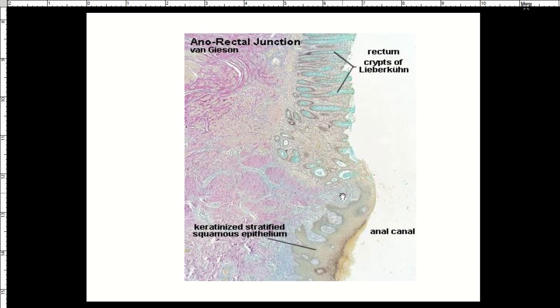So you now actually see the demarcation. So this is going to be your pectinate line, that is your transition zone. This is your upper half, your lower half. You can actually see this was a simple columnar epithelia, right? And now we have stratified squamous epithelia, keratinized stratified squamous epithelia in the lower half.